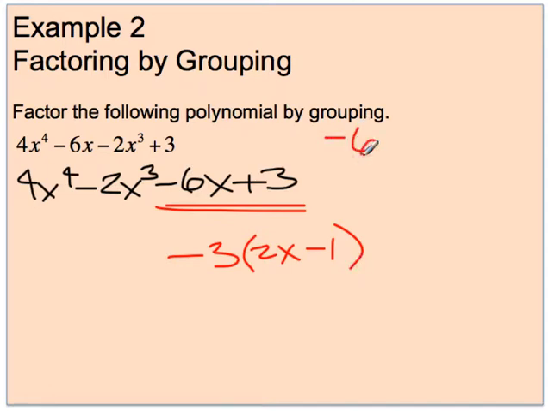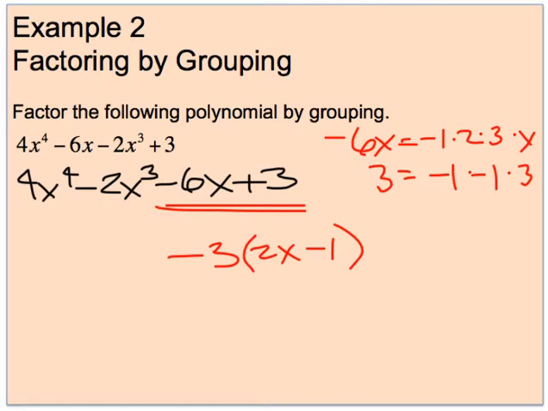So what I've done is I've taken the negative 6x and I've written it as negative 1 times 2 times 3 times x. And I've written the positive 3 as negative 1 and negative 1 and 3.